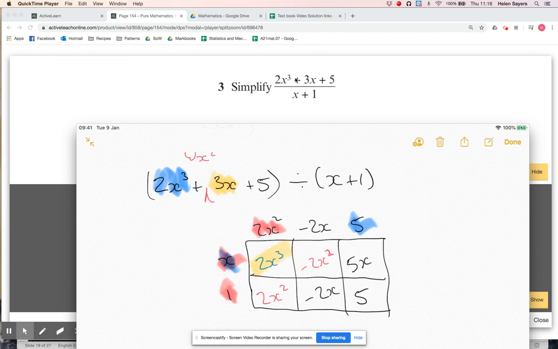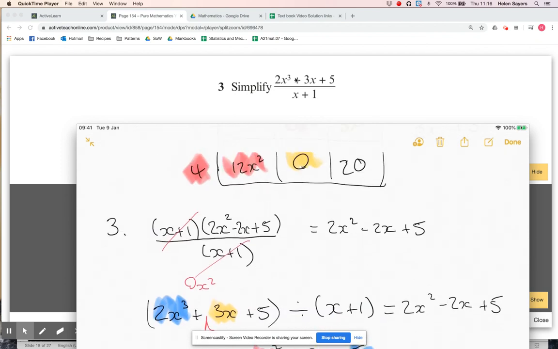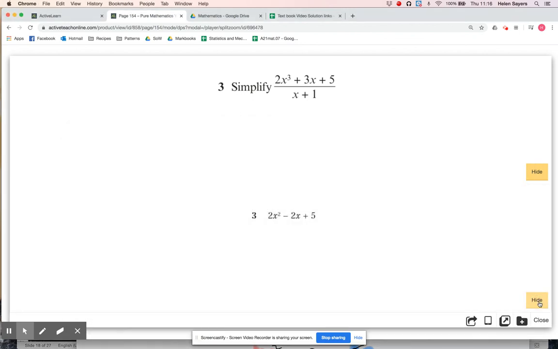So we have got 2x cubed, we have got 0x squared, we have got 3x, and we have got 5. So the answer to that is 2x squared minus 2x plus 5, and then it would be the same working as we did there. Okay, so let's just check that I've got that right. 2x squared minus 2x plus 5. Cool.